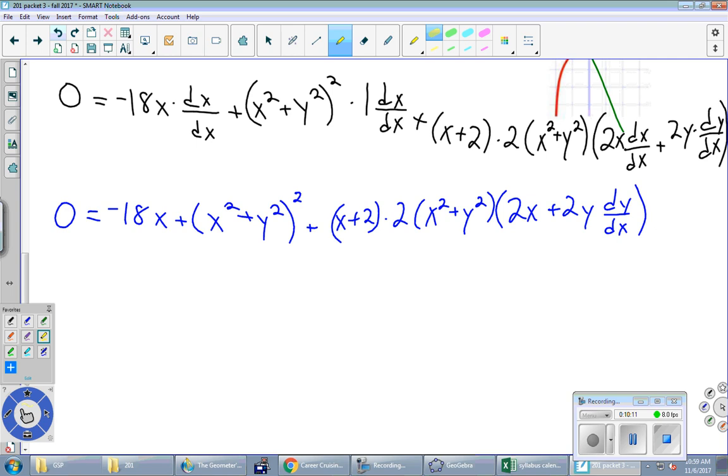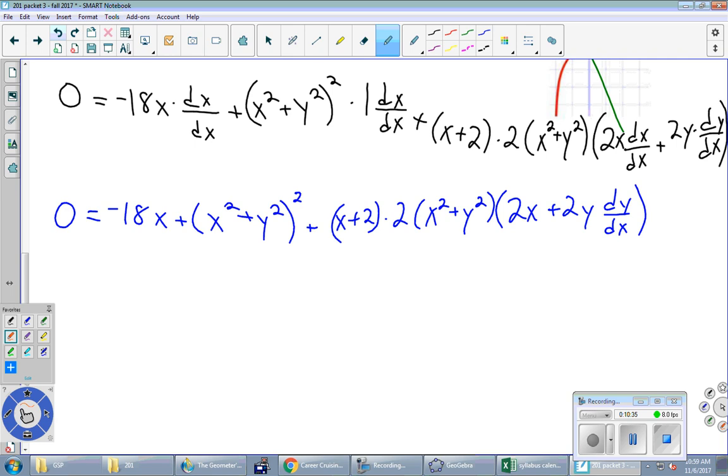It won't be 0 for long. You're adding 18x, so it's not going to be 0 anymore. Yeah, 0 divided by anything is still going to be 0, and that's totally fine. Yes, there's a problem to divide by 0, but it's not a problem to do 0 divided by something. Okay, so you could solve for dy/dx.